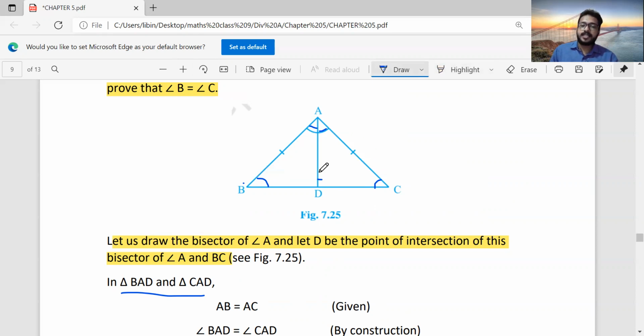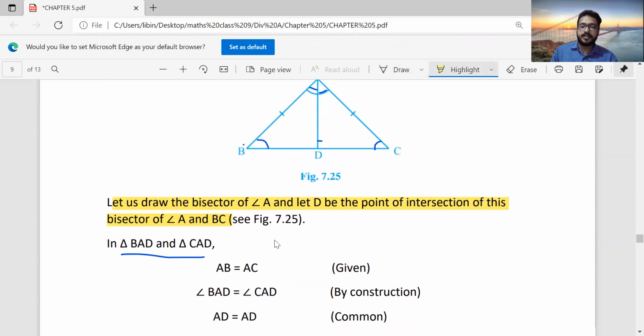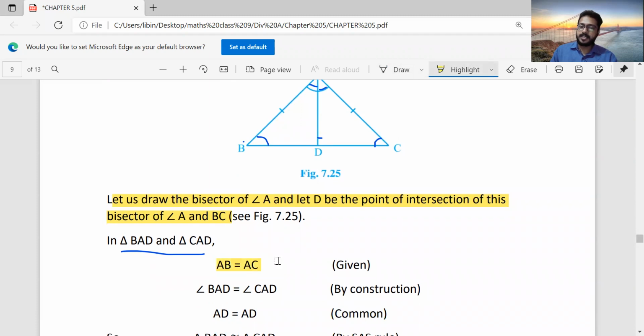So in order to prove that, we can say that AD is a common side, as well as AB is equal to AC. By our construction itself, angle BAD will be equal to angle DAC. Here, AB is equal to AC; that is given to you. Angle BAD is equal to angle CAD by our construction.